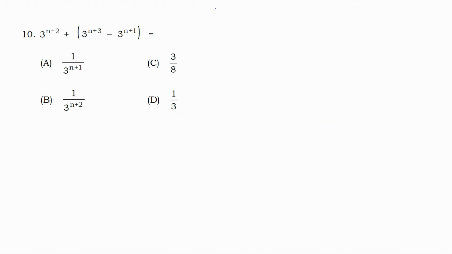So, for this one, kailangan familiar kayo with the laws of exponent. So, you can search that on YouTube. Ayan. So, di ko na i-go through. I'll proceed na. So, 3 raised to n plus 2 is also equal to 3 raised to n times 3 raised to 2.